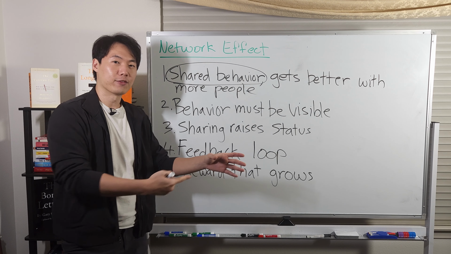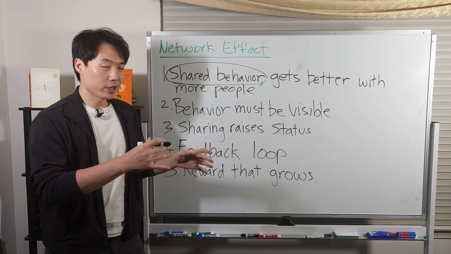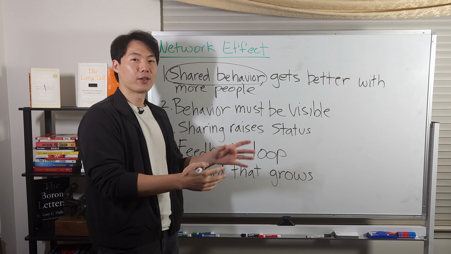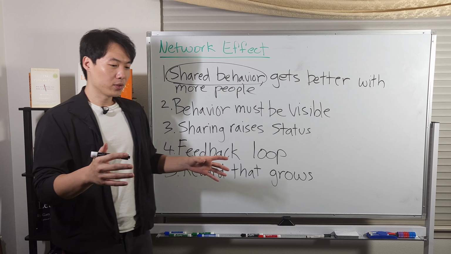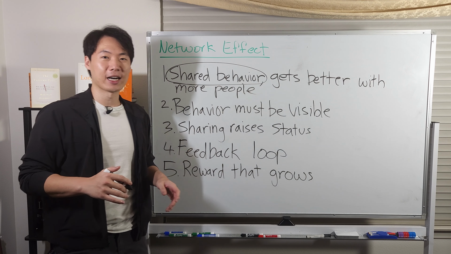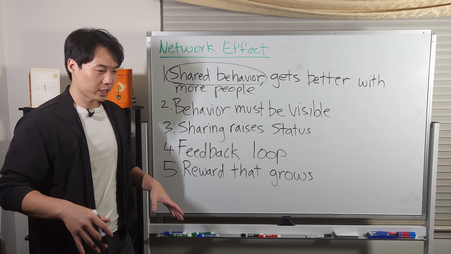Now other people have joined, and guess what? For that moment, the early adopters are the majority, and the people from the mainstream who've joined are the minority. So now what's going to happen is what we're going to cover next, which is the culture loop.